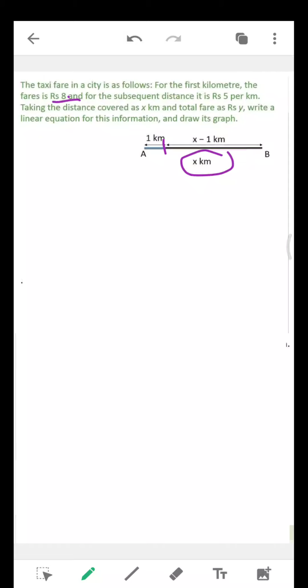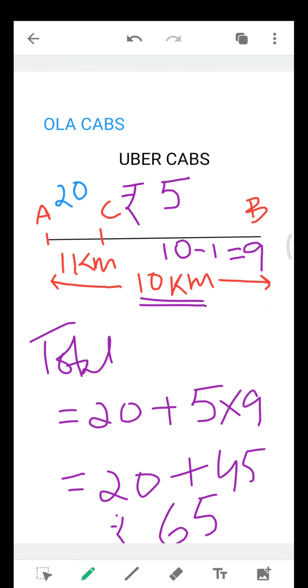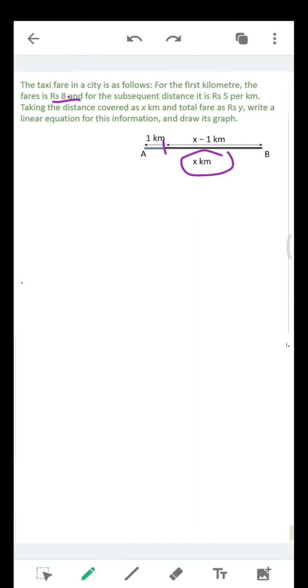Now what is the remaining distance? Out of x he traveled 1, so x minus 1. Like previously the distance was 10 kilometers, so 10 minus 1 we did, that was 9. So here we do x minus 1.